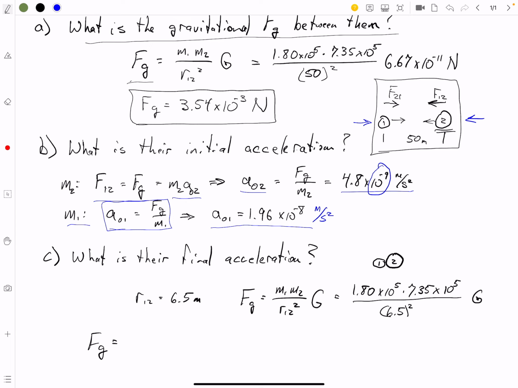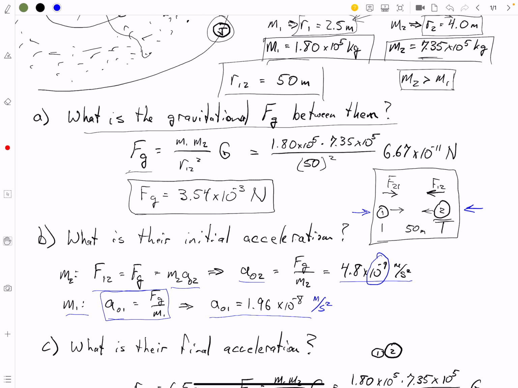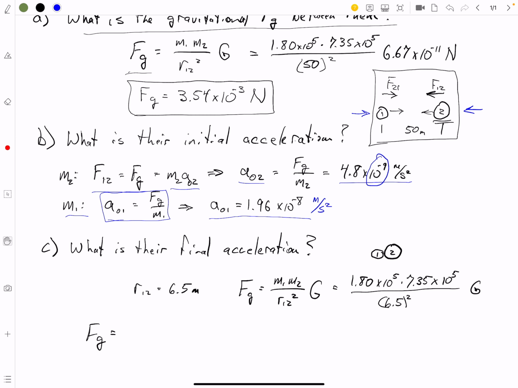and 6.5. Okay, well, let's talk about why it is 6.5. This is their final acceleration. I didn't draw it out. Oh, I did draw it out. Okay, so right here, the two objects are about to collide.